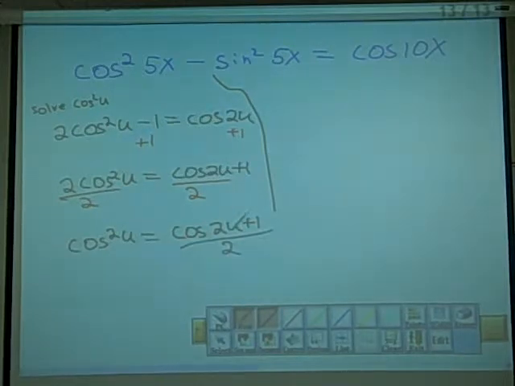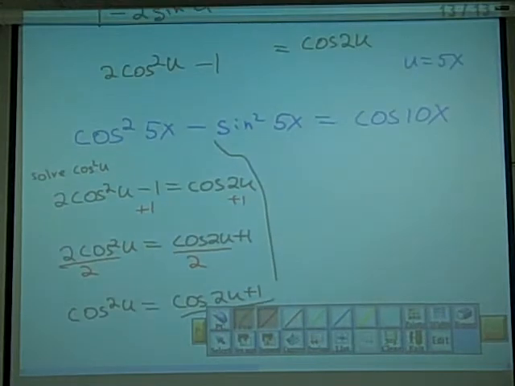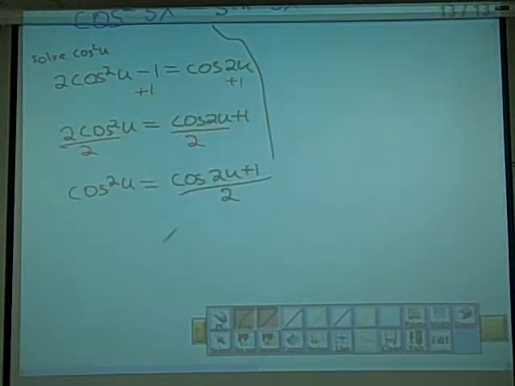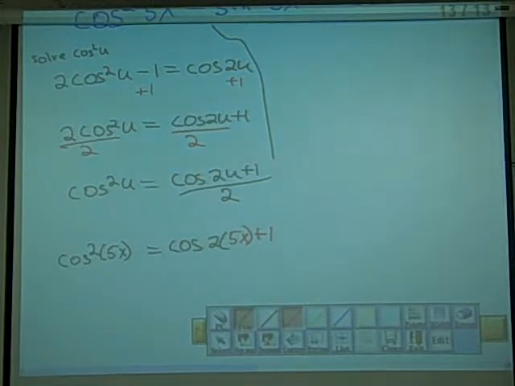So now at this point we're going to substitute the 5x in for u. Now we're going to put in here cosine squared 5x equals cosine 2 times 5x plus 1 over 2.